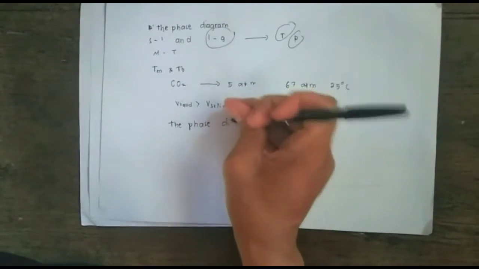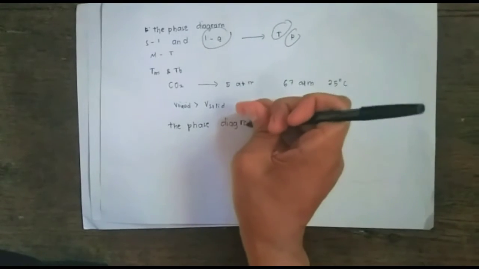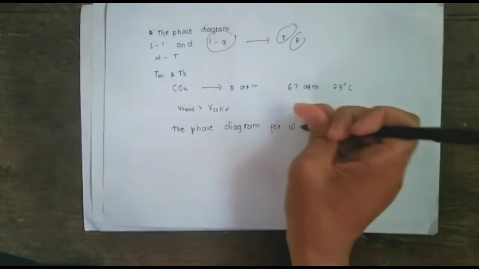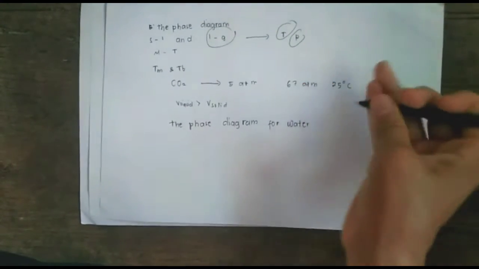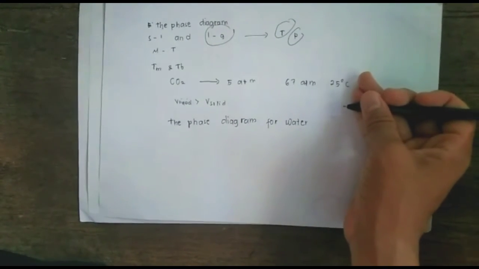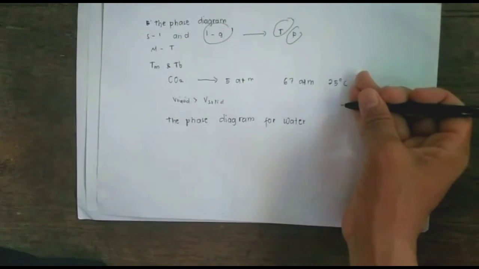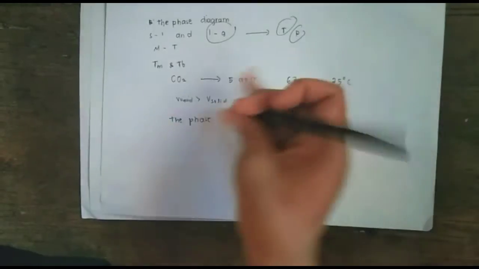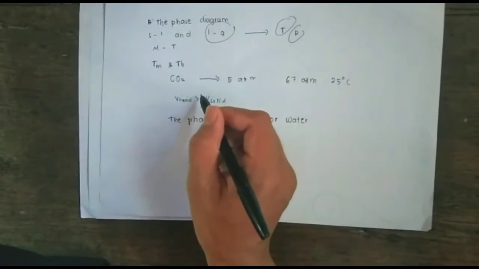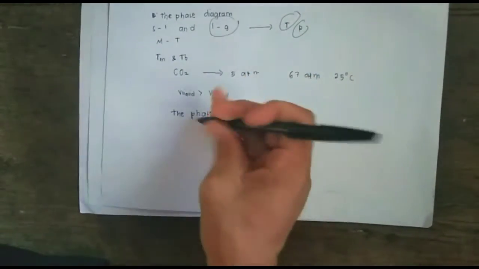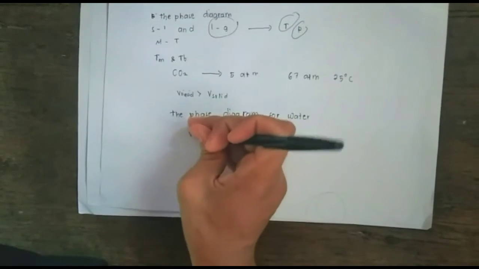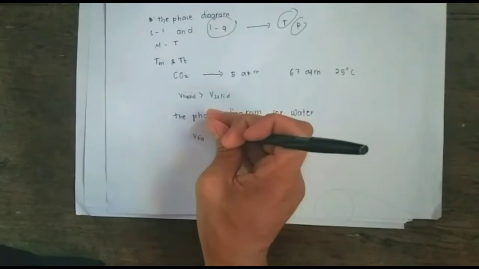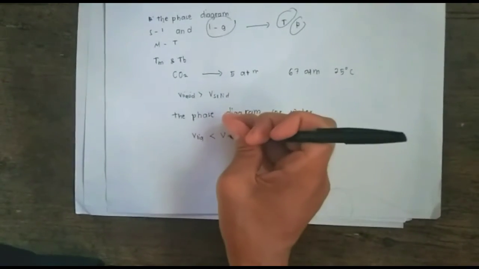The phase diagram for water. The picture is the phase diagram for water under moderate pressure. The solid-liquid line leans slightly to the left because we have V liquid smaller than V solid.